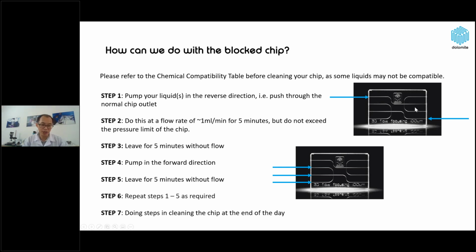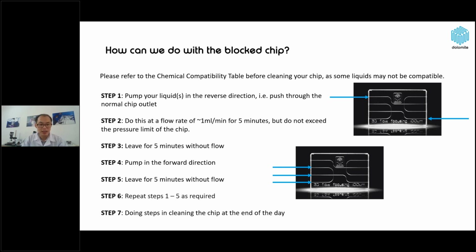The second step is to pump at a flow rate of 1 ml per minute for 5 minutes, but do not exceed the pressure limit of the chip, with the same considerations as in the cleaning step.